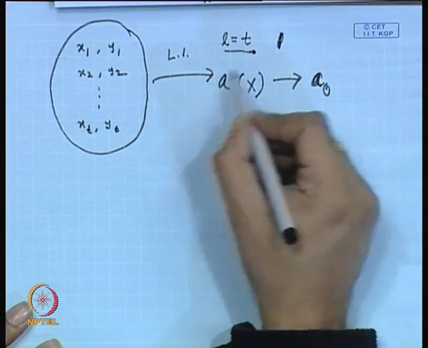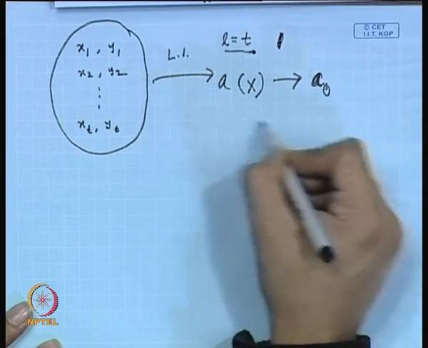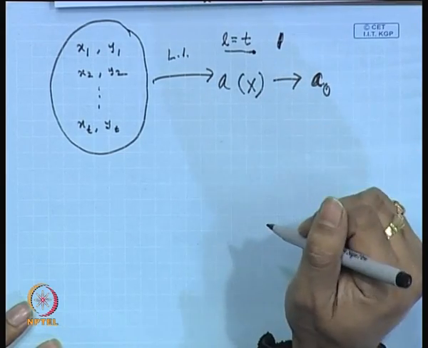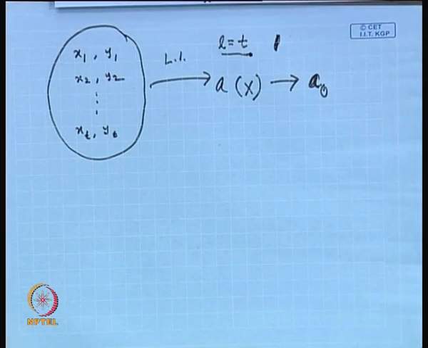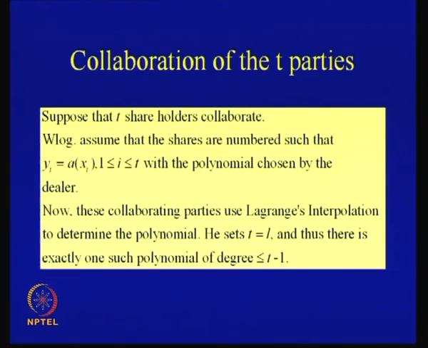And therefore, the Lagrange's interpolation technique is an efficient way to compute back the polynomial and hence the secret, right. So, that is the basic principle of the secret sharing scheme.